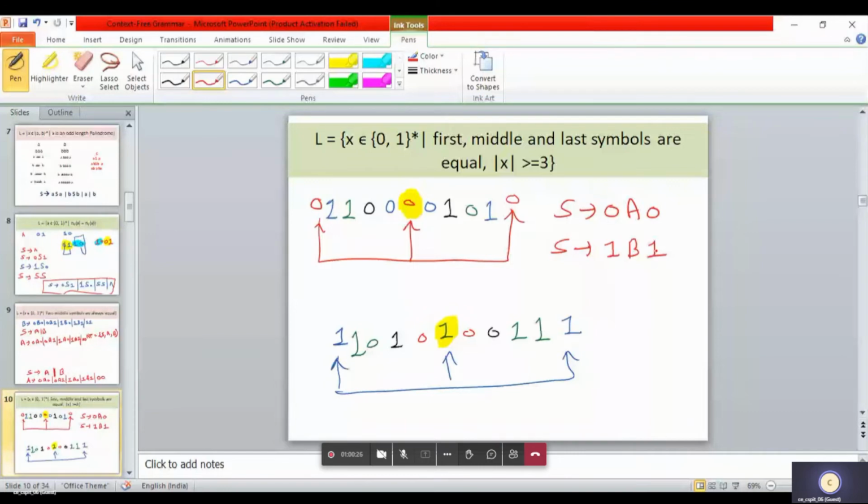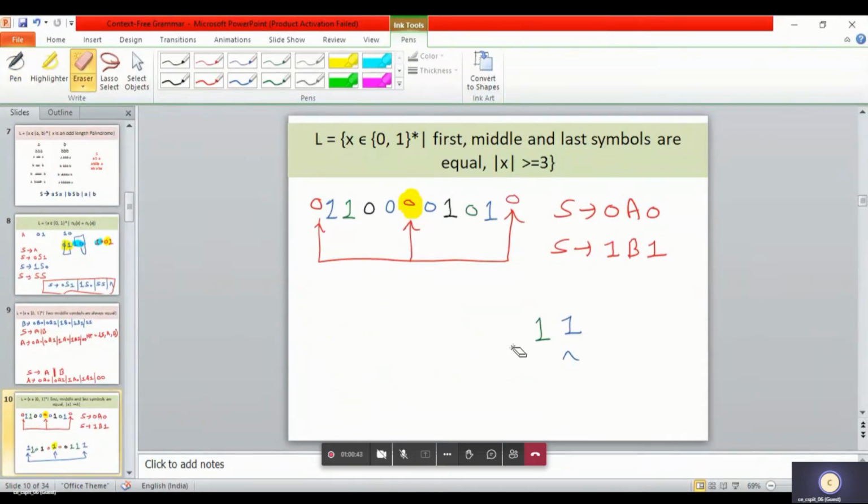And now, once you are replacing S with 0A0, or you are replacing S with 1B1, you are applying that rule only once. It is not a recursive rule. You cannot apply that infinite times. Now for non-terminal A, as you can see, once you are fixing the first and last position as 0, the middle element will be 0.